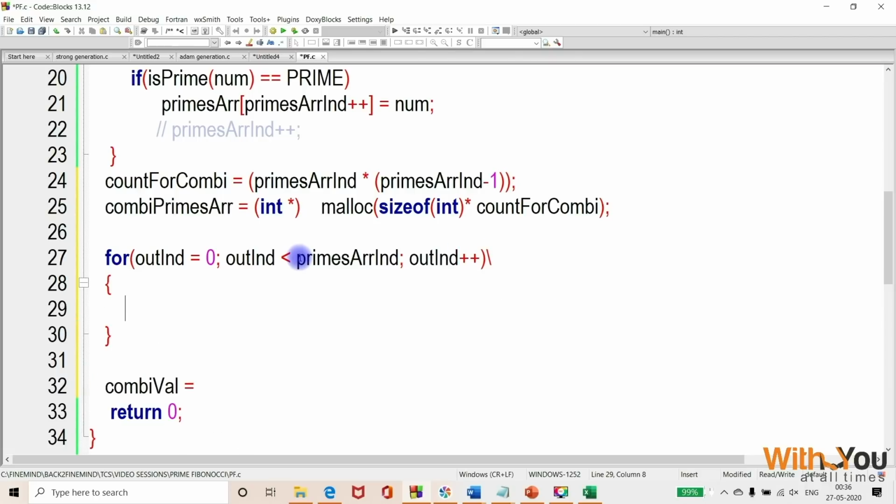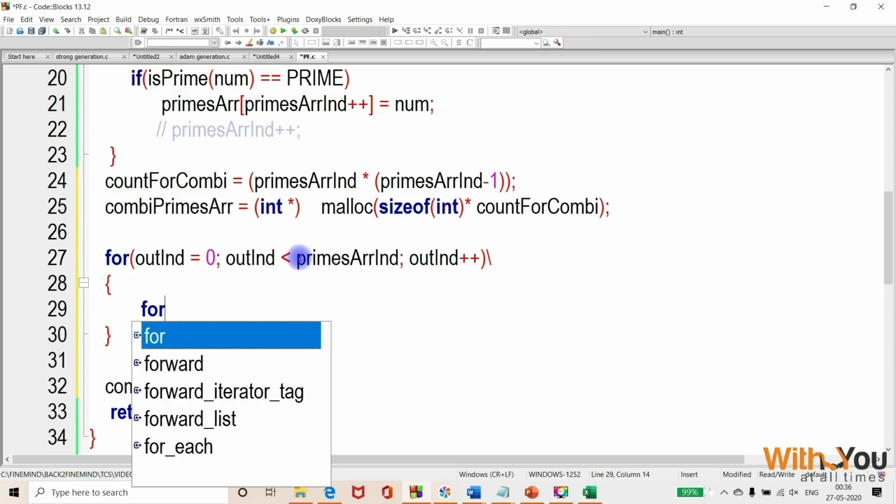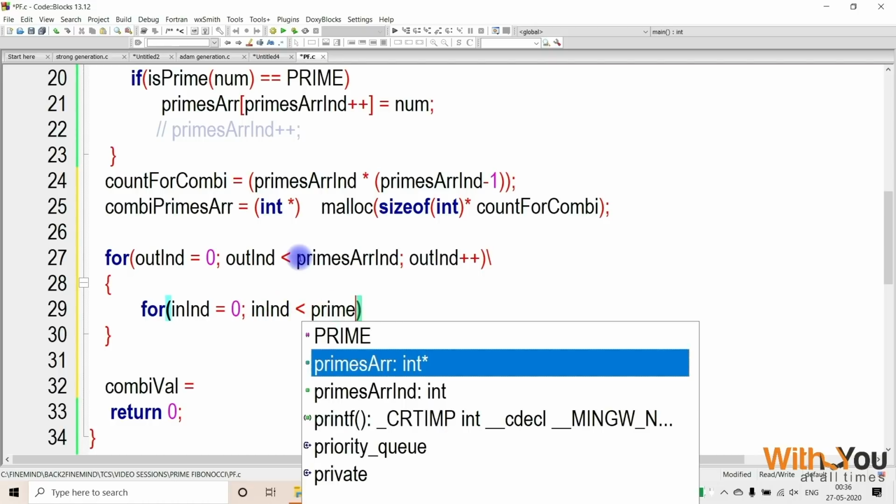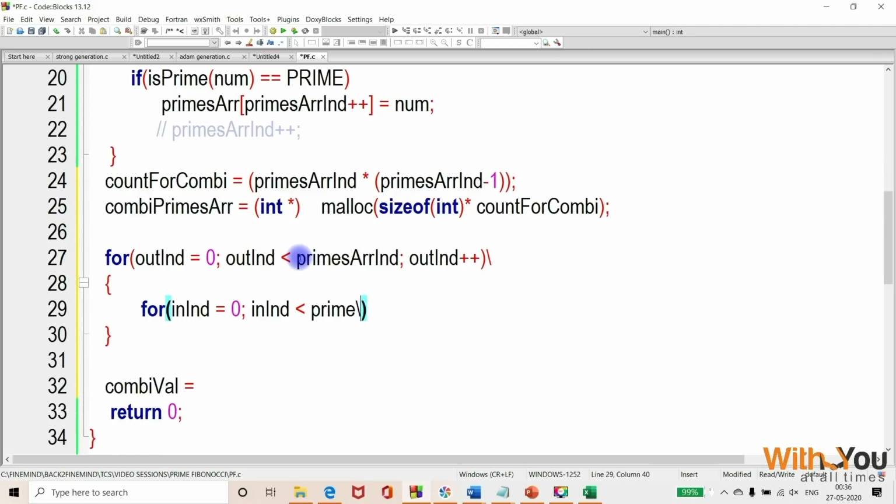And inside that, one more stepping for in IND equal to 0. In IND less than my primes ARIND. I'm sorry. Primes ARIND, in IND plus. Cool.